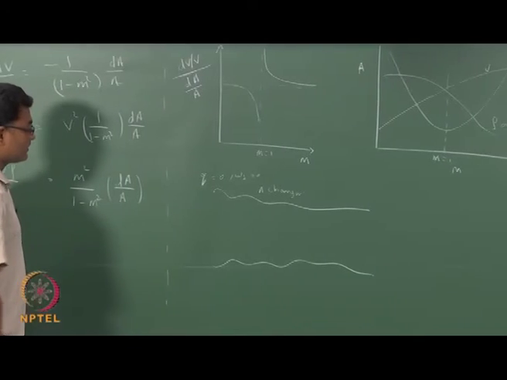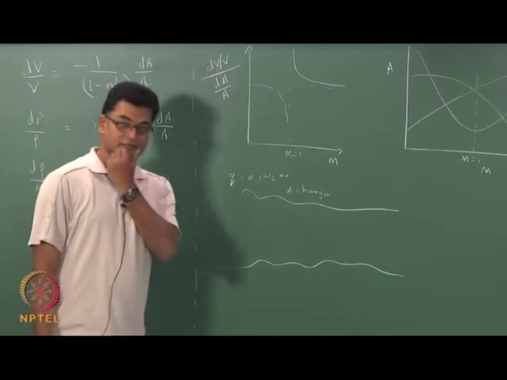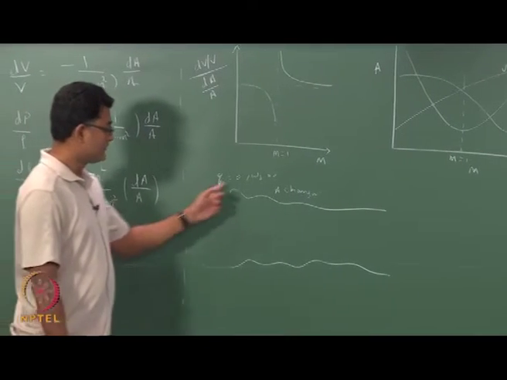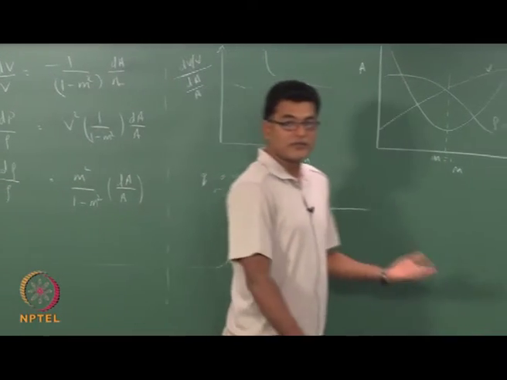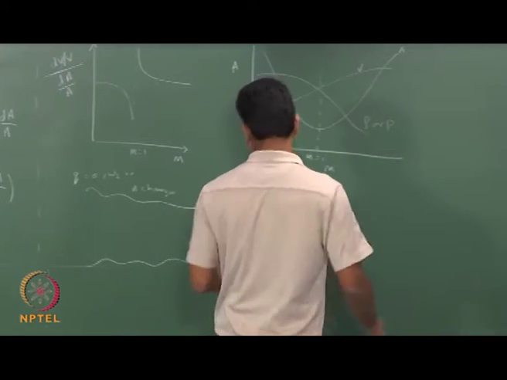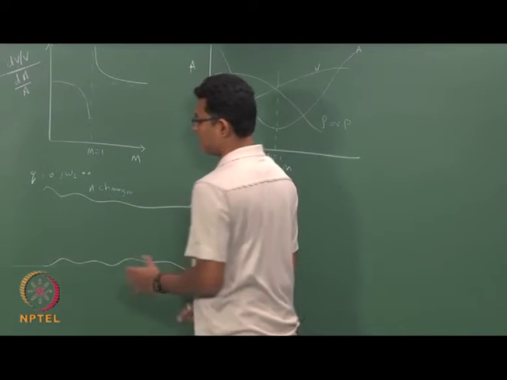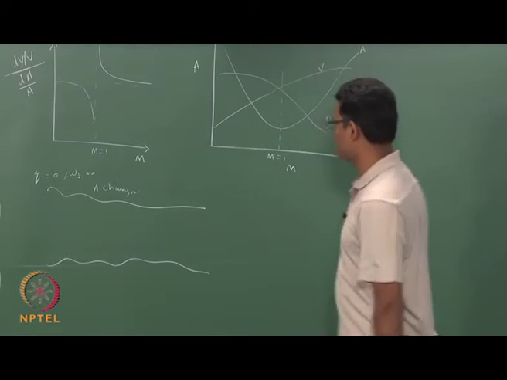And we have also used the energy equation to get this relation. So, with this condition is what we are going to evaluate the area changes. So, for some particular area ratio, can we describe this in terms of Mach number?